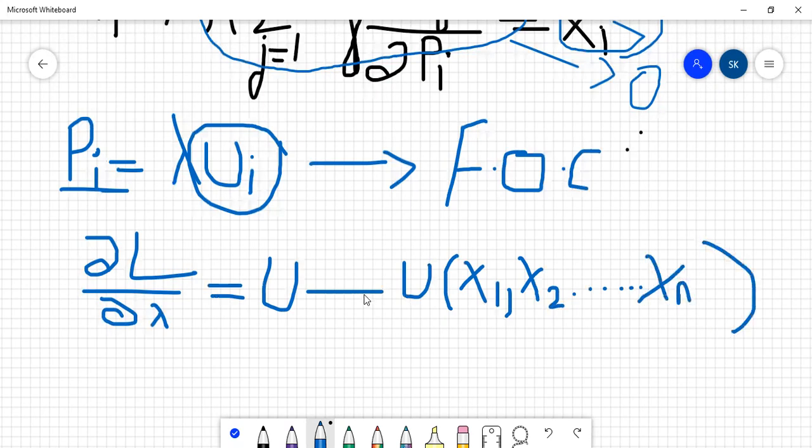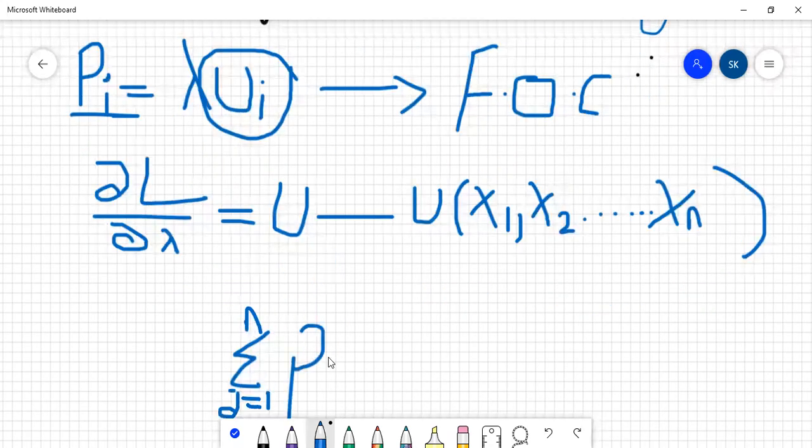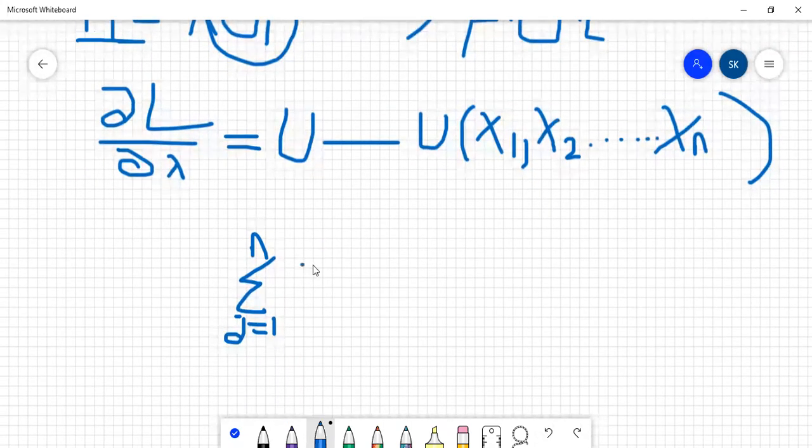Right? And therefore, again, when we derive this function, the term that we get will also be equal to 0. That is, summation j = 1 to n of x_j star.